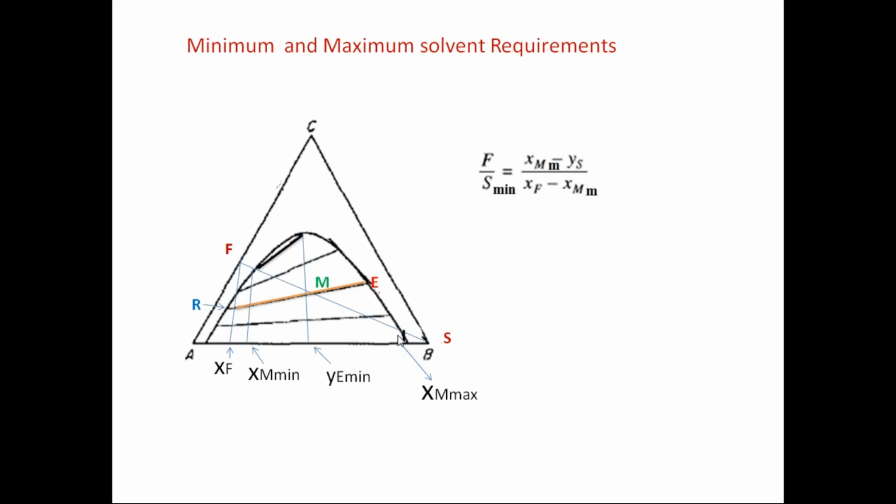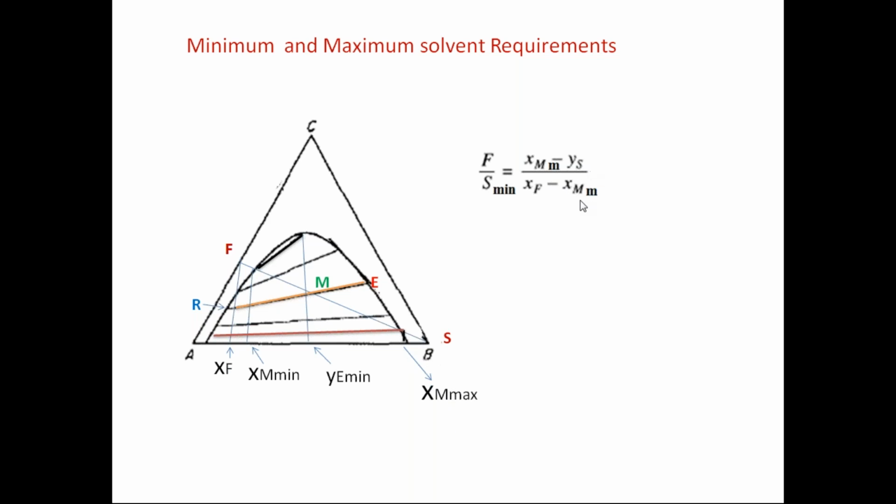And if you add more than this solvent, then it crosses from the heterogeneous to the homogeneous zone. This homogeneous zone won't separate. If you add this much solvent, then it is possible. See, you will get one tie line here, and after that you won't get anything. So this may be called a pinch point. This is also called the pinch point.